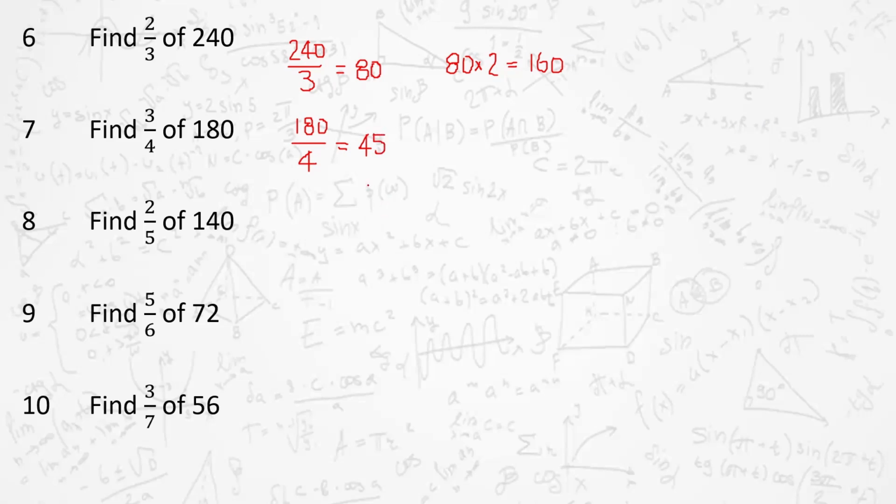Then to find 3/4, simply times 45 by 3. Because 1/4 of 180 is 45. Therefore, 3/4 will be 45 times 3. And the answer is 135.